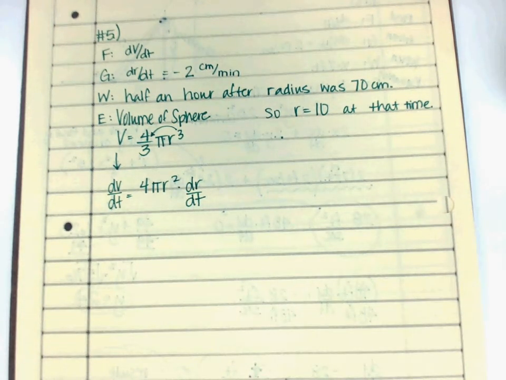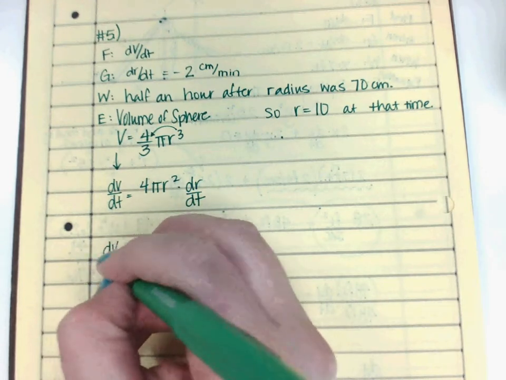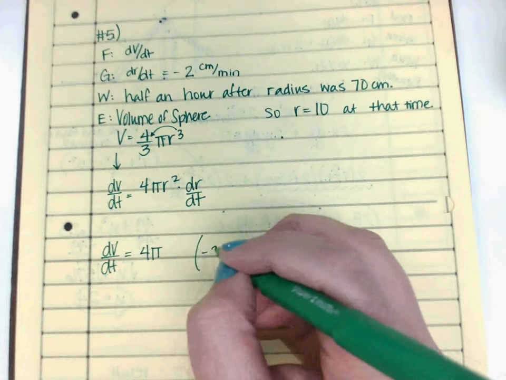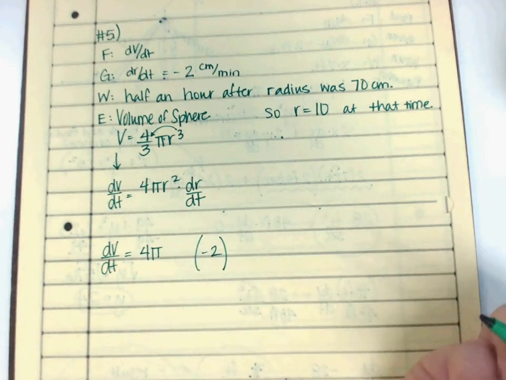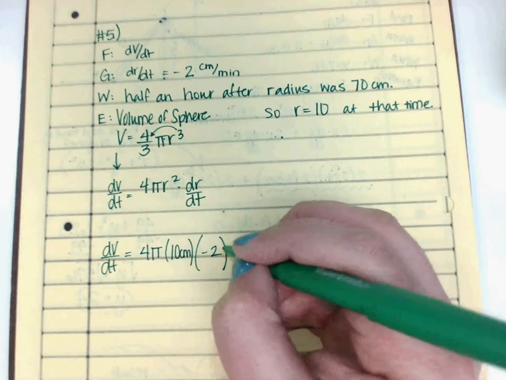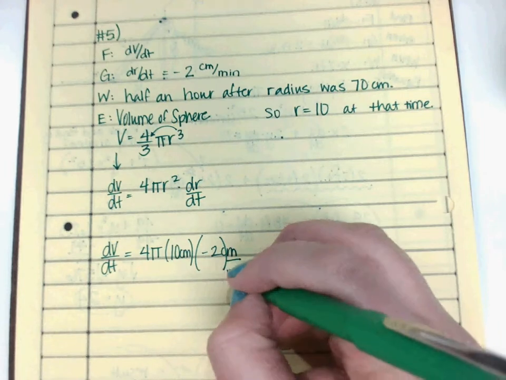I'm looking for dV/dt, and I want dr/dt. So what am I plugging in? dr/dt, and what is it? Negative 2. And then what was my radius? 10. And that was centimeters per minute.